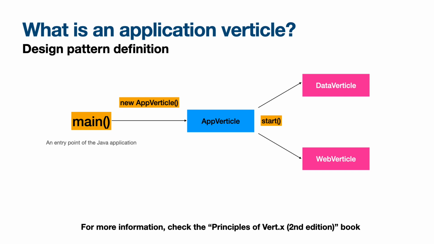Well, this deployment will happen inside the start method of the app verticle, and usually you will need to use a dependency injection framework in order to build dependencies. However, in our project, which is very small, we will not use a dependency injection framework, and we will initialize things manually. So let's see how we could actually implement app verticle for our tutorial.